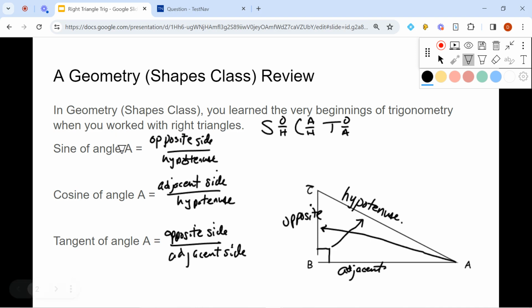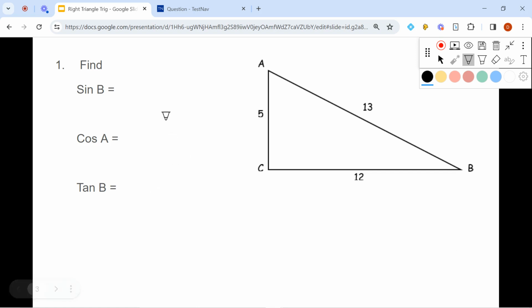So the angle that you want to calculate the sine, cosine, or tangent for is important because it leads you to where you start and where you get the opposite or adjacent side from. The hypotenuse, again, is always across from the right angle.